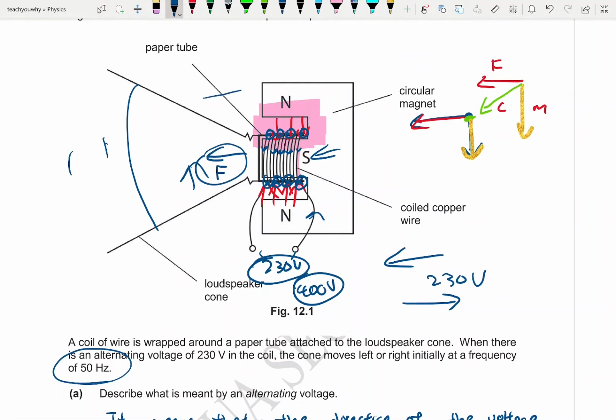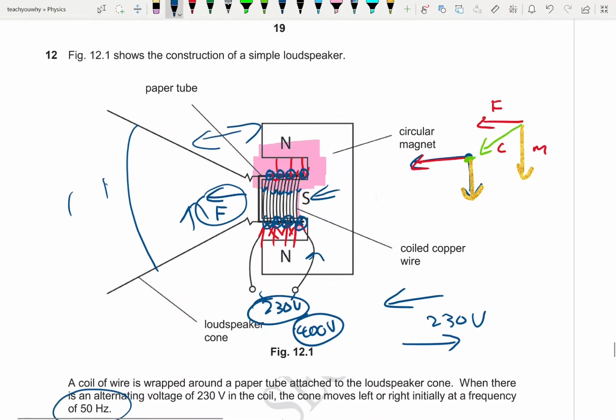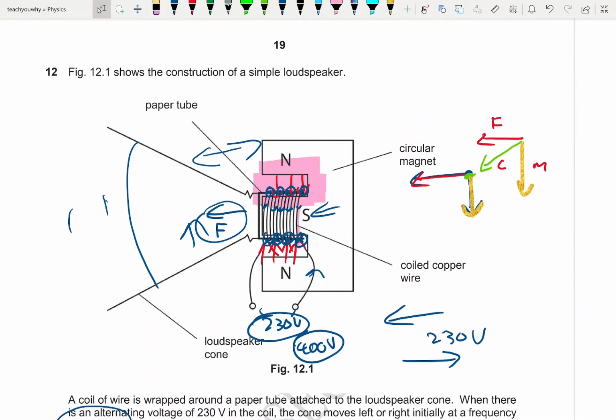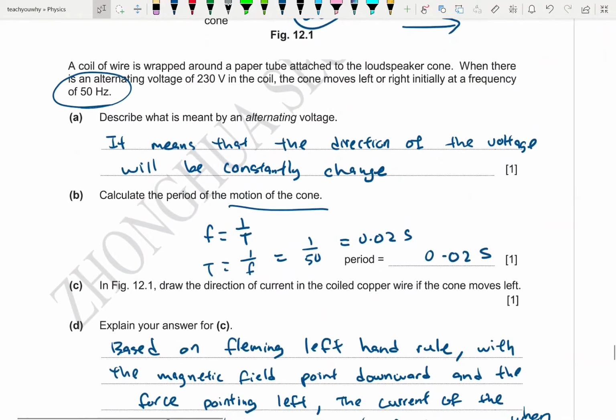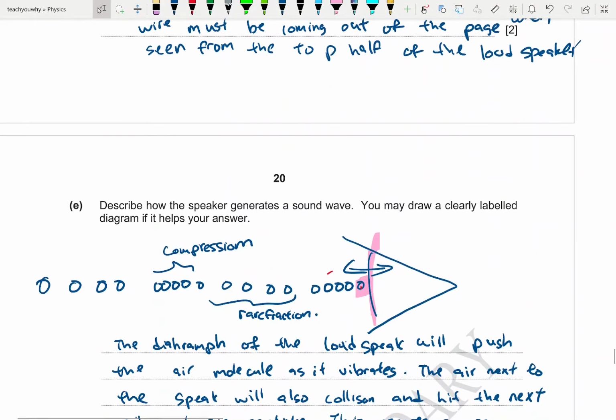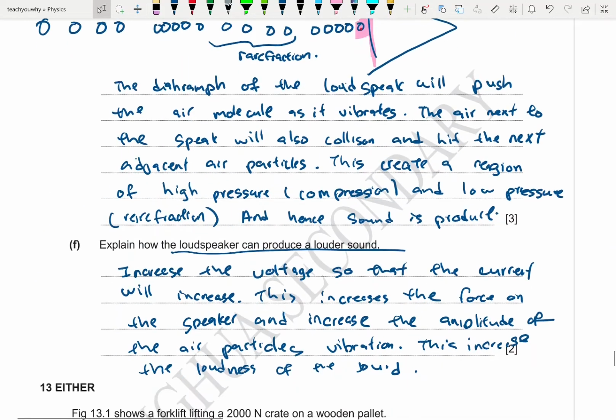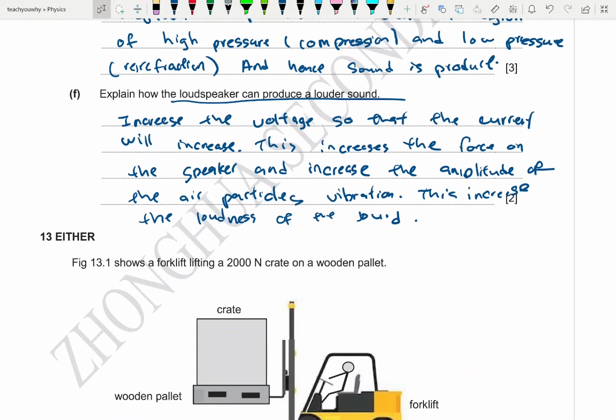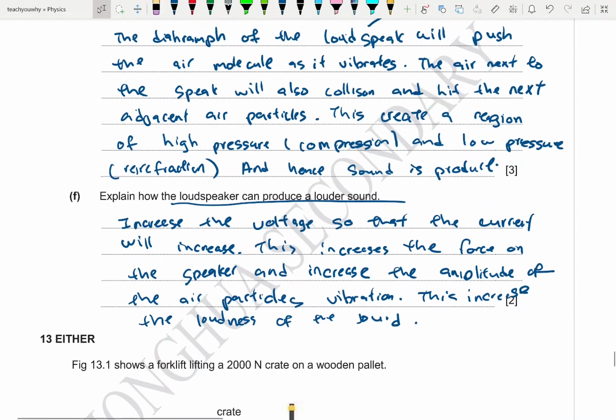Then the loudspeaker will vibrate harder, and when it vibrates harder, it creates a larger amplitude that causes the air particles to vibrate more violently, and hence higher amplitude. Therefore, we always say that the amplitude of the sound wave is proportional to the loudness. Okay.